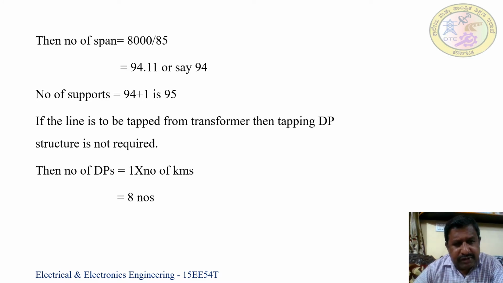So let us consider the line is tapped from a transformer, then a tapping DP is not required. Hence, the total number of double poles equals 1 into number of kilometers. So that is 8 numbers.